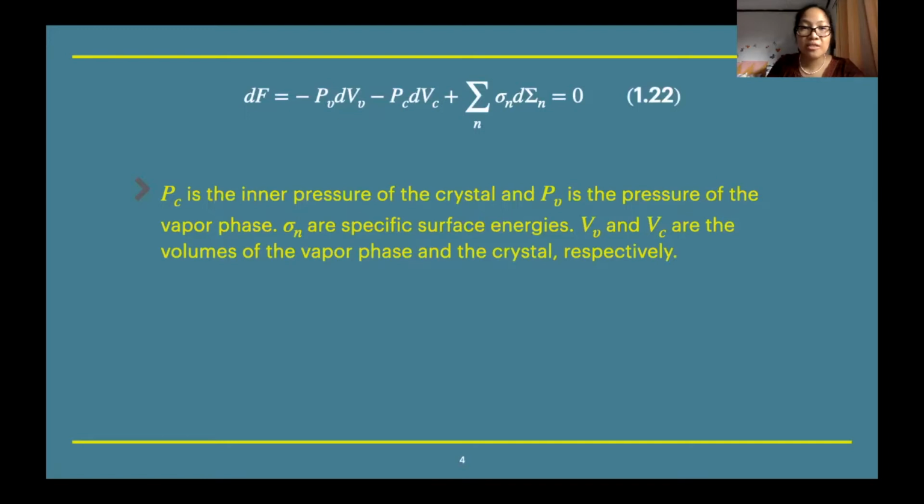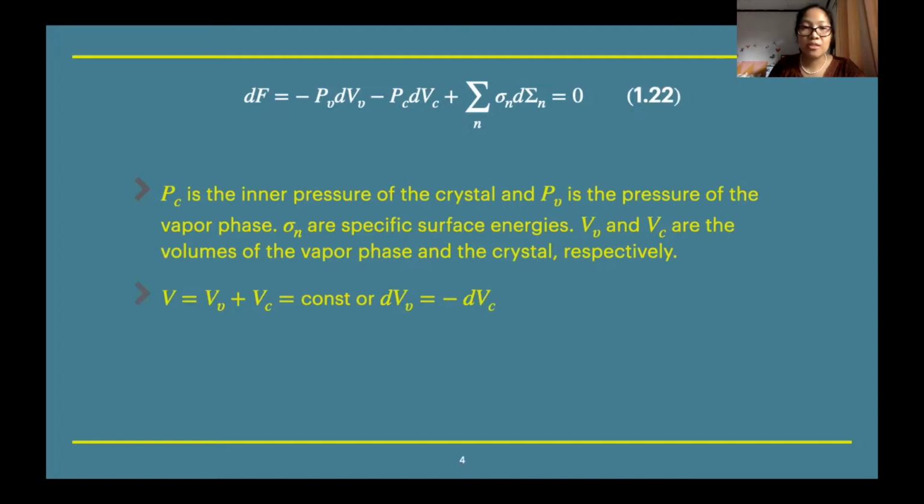P sub C is the inner pressure of the crystal, and P sub upsilon is the pressure of the vapor phase. Again, the sigma sub n are the specific surface energies. V sub upsilon and V sub C are the volumes of the vapor phase and the crystal phase, respectively.